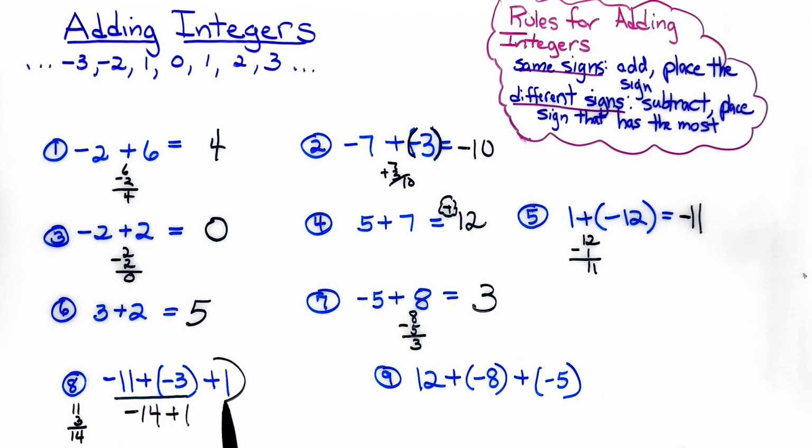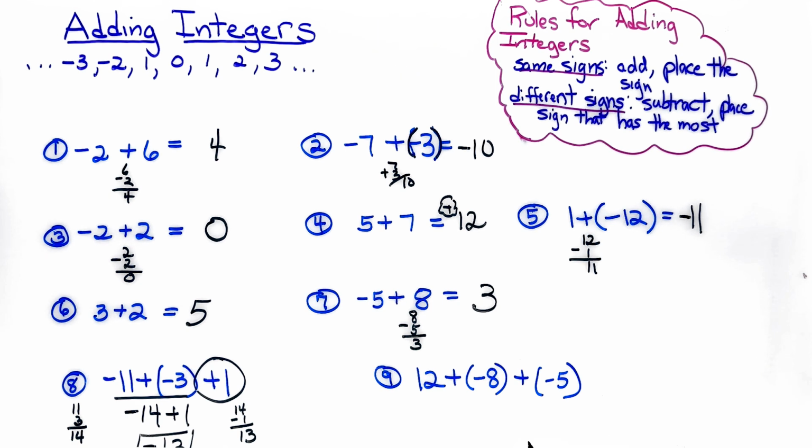I'm just copying the second part down. And now I see I have a -14 and a +1. So without worrying about the signs, I'm taking the larger number 14, minusing the 1, and I get 13. Well, the answer is going to be 13, but now let's decide, is it positive or negative? There is definitely more negatives here, so the answer is a negative 13.